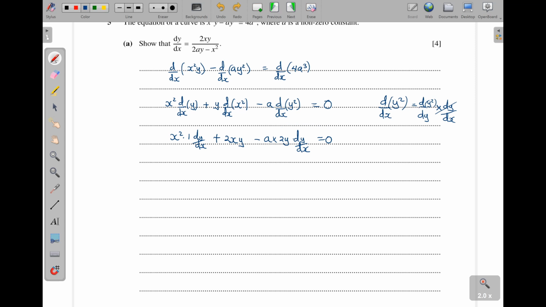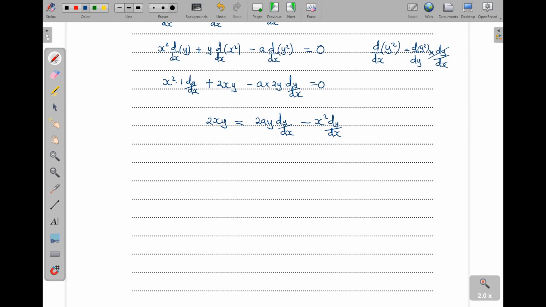So this is 2ay dy/dx, then when x squared dy/dx crosses, it will be minus x squared dy/dx, and this one will be equivalent to 2xy.